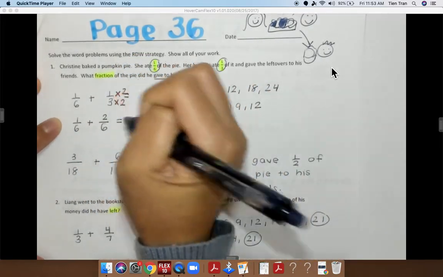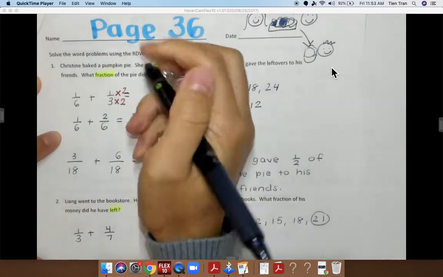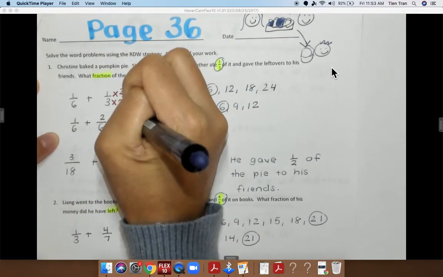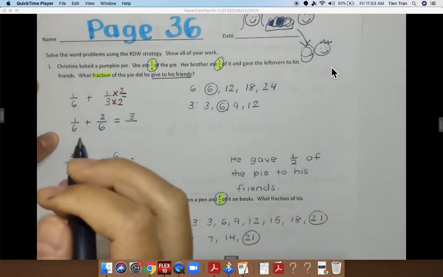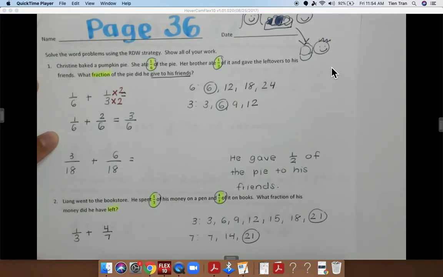So now I'm going to add the numbers together. 1 plus 2 is equal to 3. I don't know why I put 3 for a second. 1 plus 2 is equal to 3. And 6 stays the same, so it's 3/6. So what I'm going to do with the 3/6 is I have two choices.